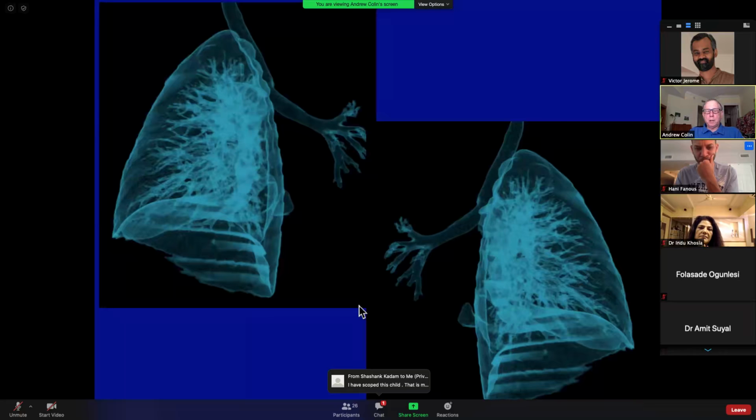And here is the three-dimensional CT scan that shows a relatively normal right lung and a completely obliterated left bronchial tree with only maybe 2 to 3 generations visible.